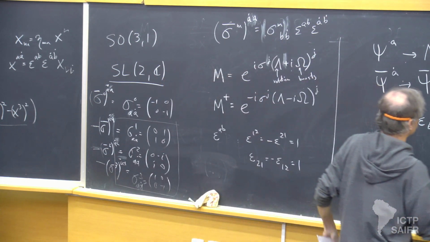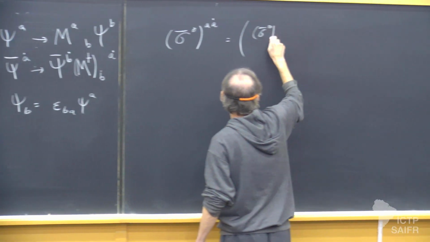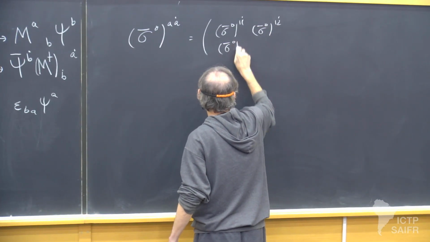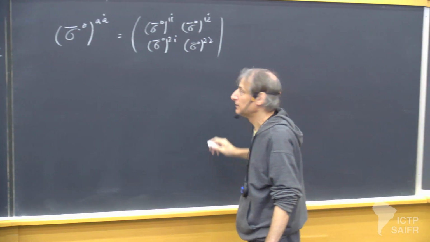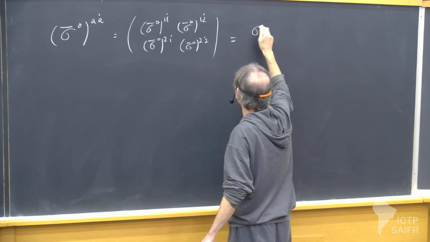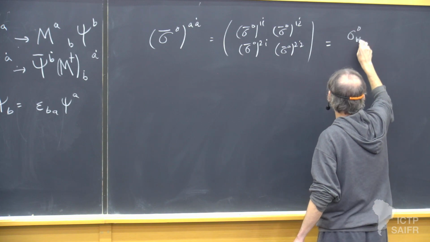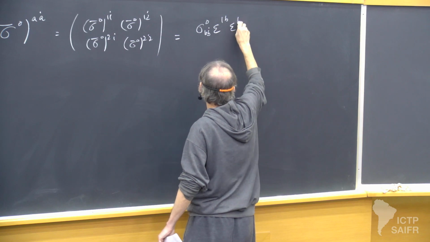Let's do this. I think it'll be clearer if I do it. So let's compute the matrix sigma bar 0, A A dot. Of course this is equal to sigma bar 0, 1 1 dot, sigma bar 0, 1 2 dot, sigma bar 0, 2 1 dot, sigma bar 0, 2 2 dot. Let's do 1 1 dot first. Using this definition, it's equal to sigma 0 B B dot epsilon 1 B, epsilon 1 dot B dot.